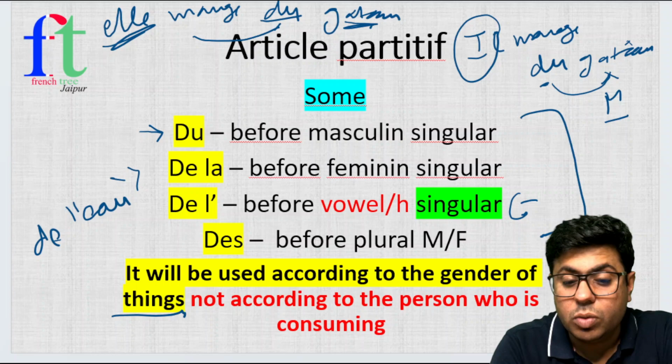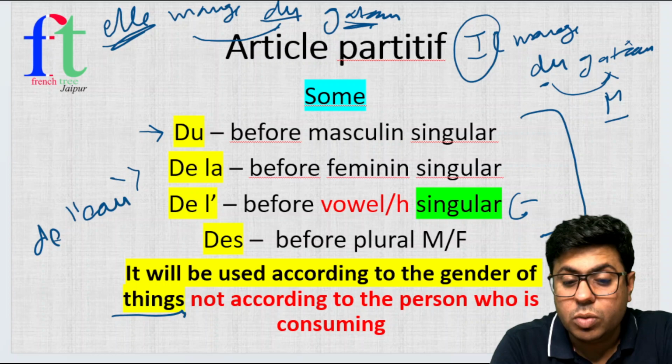We have taken an example of all different nouns: some masculine, feminine, starting with a vowel, or plural. Okay, so for example, nous mangeons dash riz, which are the nouns we have taken. Riz, that is masculine; pizza, feminine; of, starting with a vowel; frites, plural.